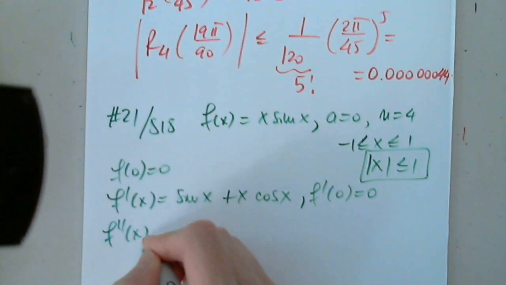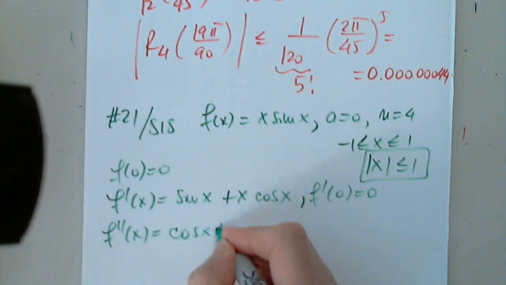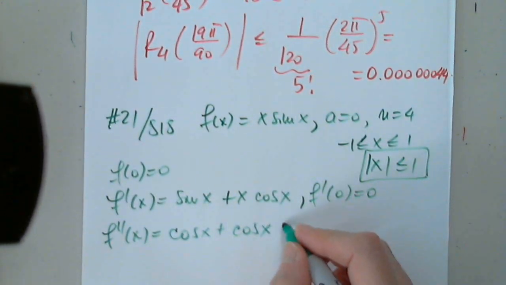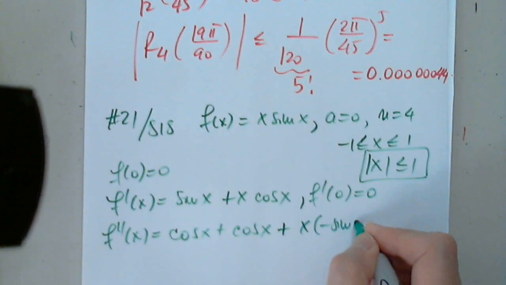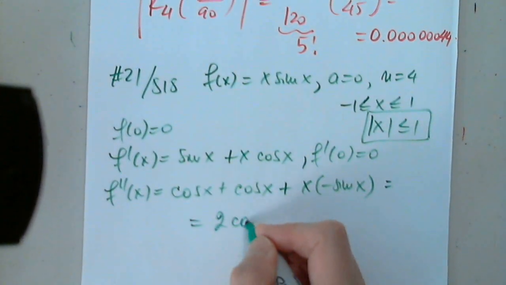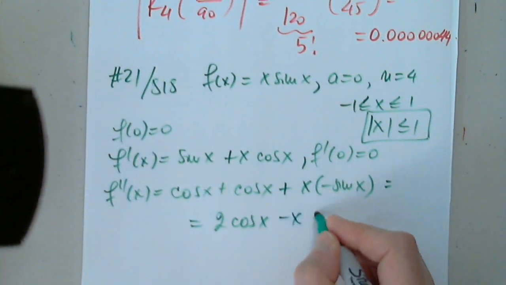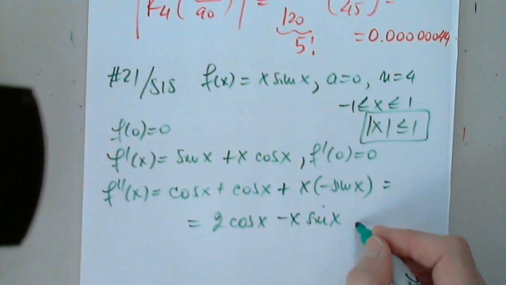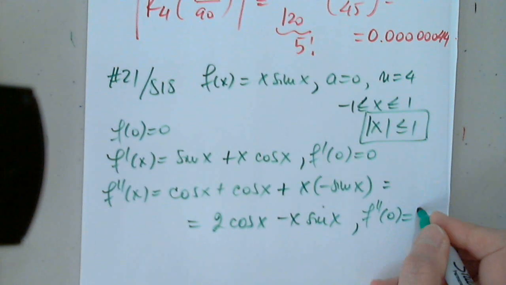The second derivative, cosine x plus x times negative sine x, equals 2 cosine x minus x sine x. So the second derivative at 0 is 2.